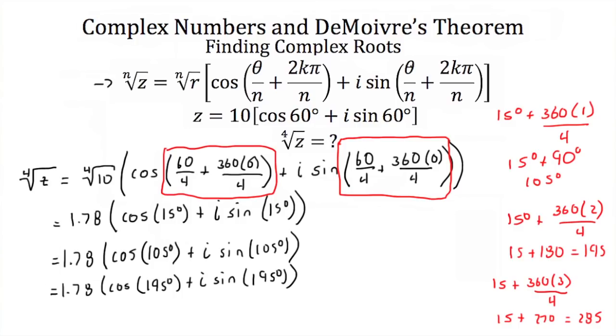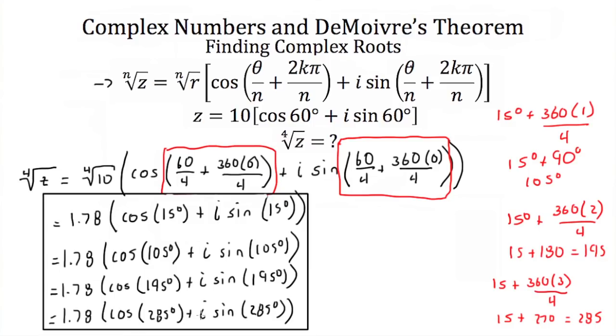So my fourth solution is 1.78 times the cosine of 285 degrees plus i times the sine of 285 degrees. So these four complex numbers in polar form are all solutions to the fourth root of z. And now that we've figured out how to find complex roots, that completes the tutorial on complex numbers and DeMoivre's theorem.